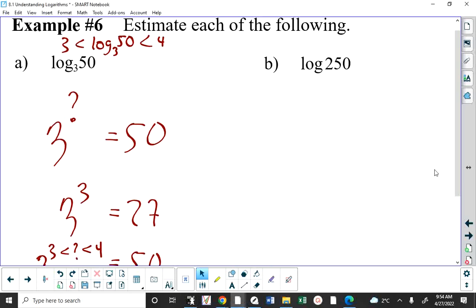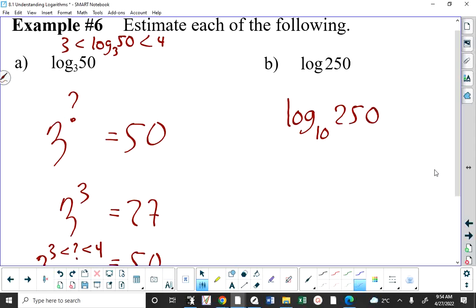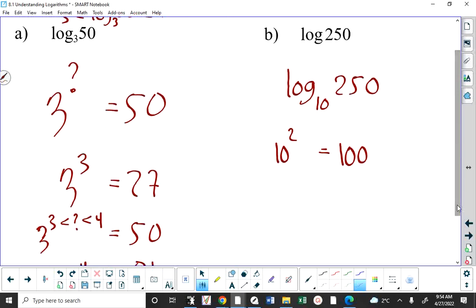What is log of 250? Log of 250 is log base 10 of 250, which is the exponent to which you raise 10 to get 250. Well, I know that 10 squared is 100. I know that 10 to the 3 is 1,000.